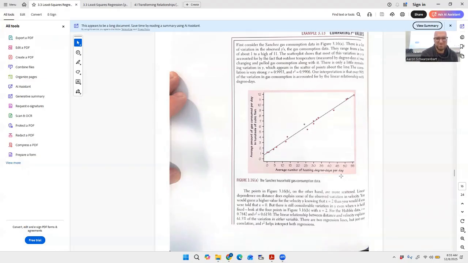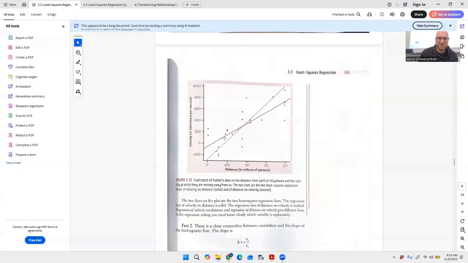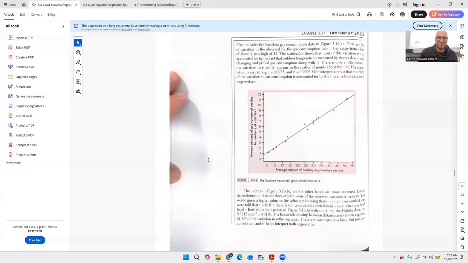That's really good. The Hubble one that I just showed you has an r squared of 61.5%. So 61.5% of the variation in the velocity of expansion can be explained by the distance.